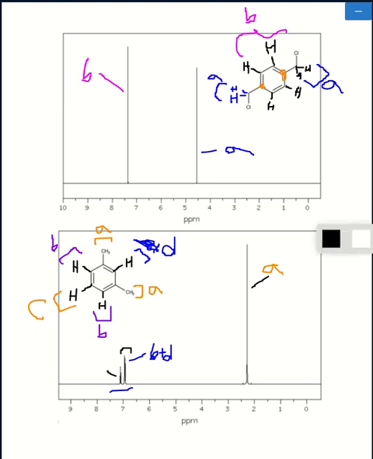Therefore, the other peak that remains could be labeled as environment C, because that hydrogen is connected to a carbon that is furthest away from the carbons connected to methyl groups.